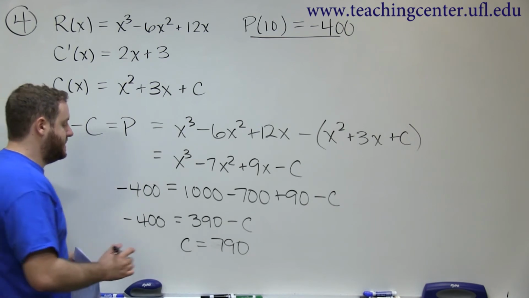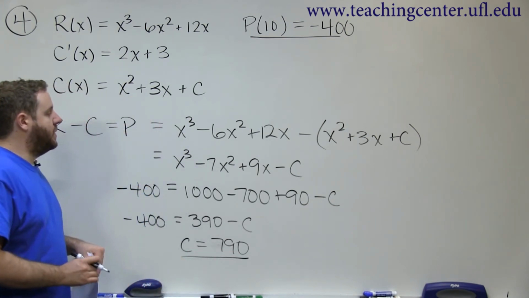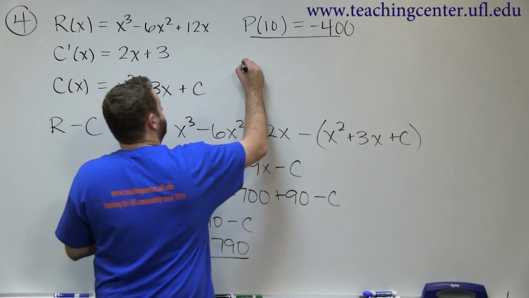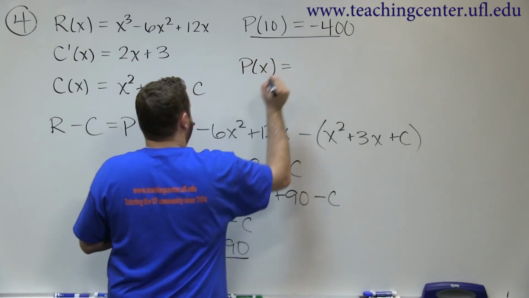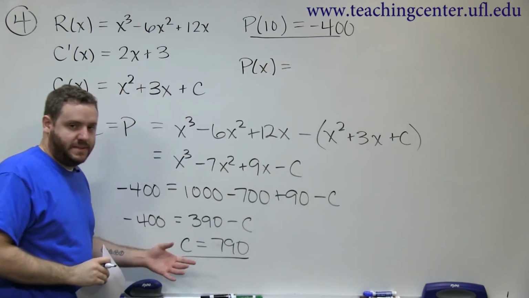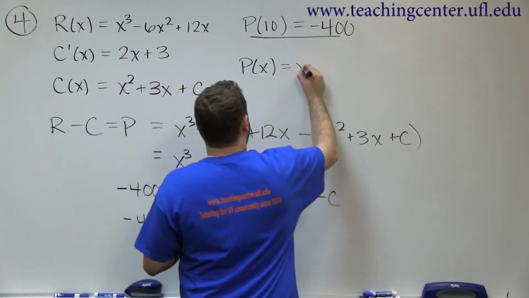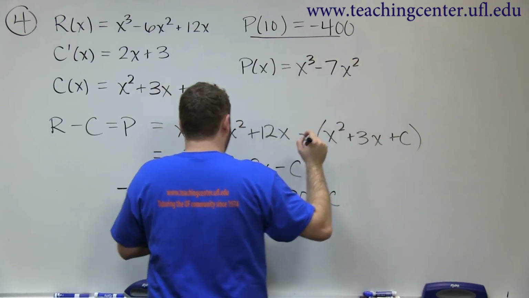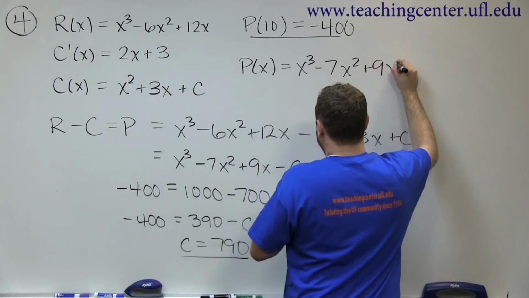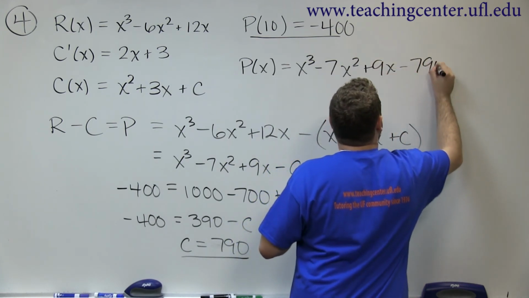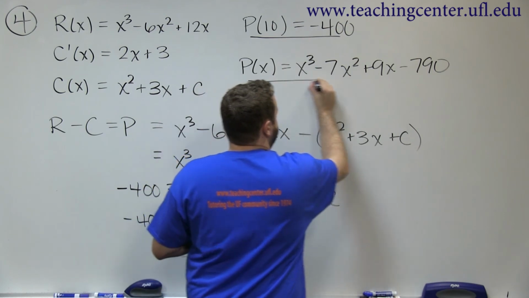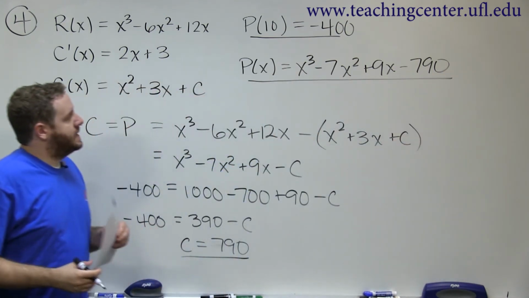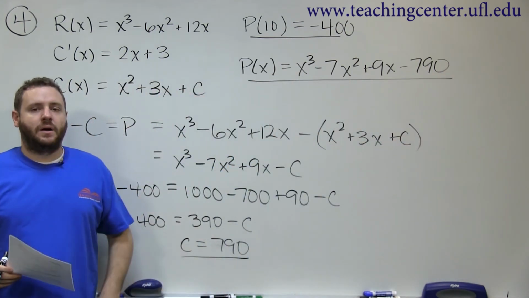So if c is equal to 790, then we know that our profit function, the answer to our problem here, is this, just we know what c is now. So we put x cubed minus 7x squared plus 9x minus 790. That's our actual profit function now that we've figured out the constant.